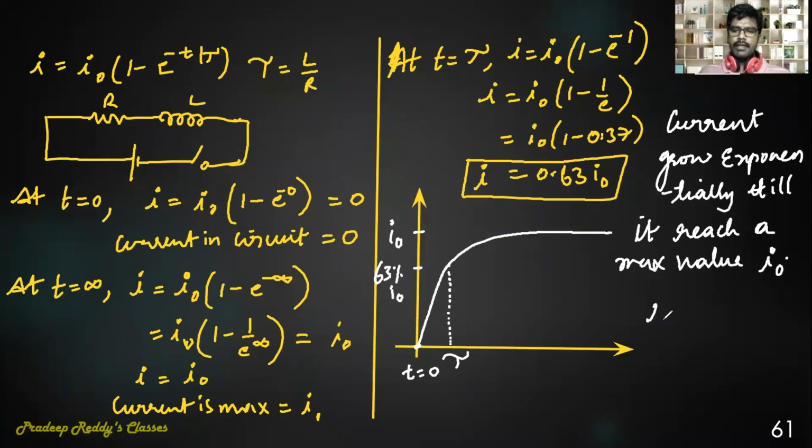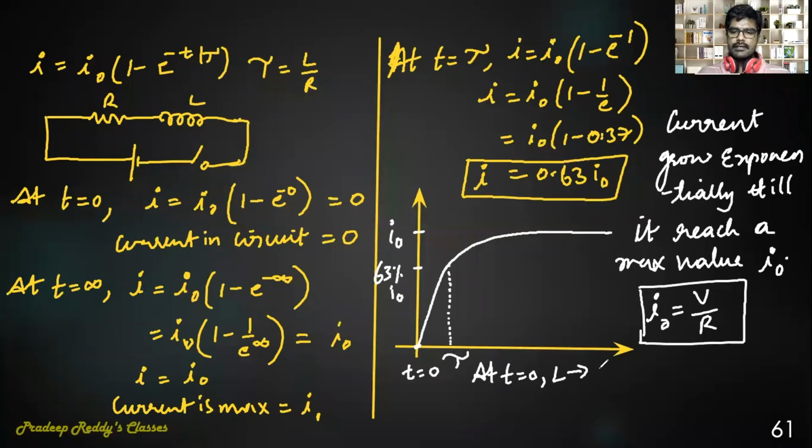I naught can be written as V divided by R. Therefore, clearly you can understand that at time t is equal to 0, the inductor acts as an open switch.